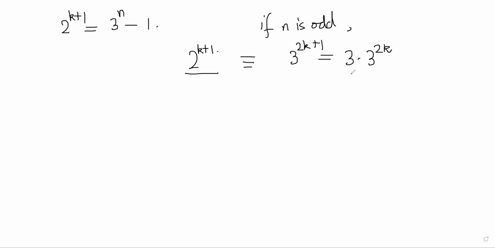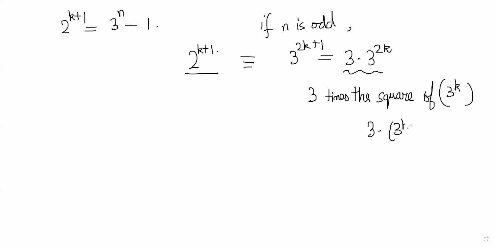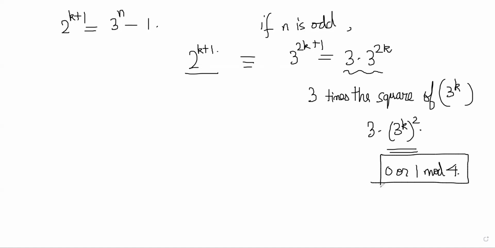Now here, this is 3 times the square of 3 power k, right? This is 3 into 3 power k square. So square will always be 0 or 1 mod 4. We know that. A square number is always 0 or 1 mod 4. So if you take mod 4, the whole number here should either be 0 or 3 mod 4, right?